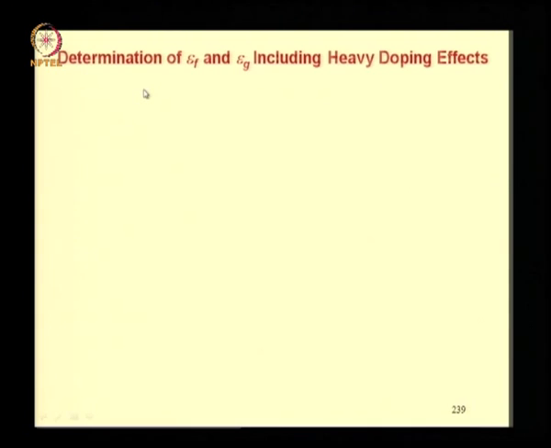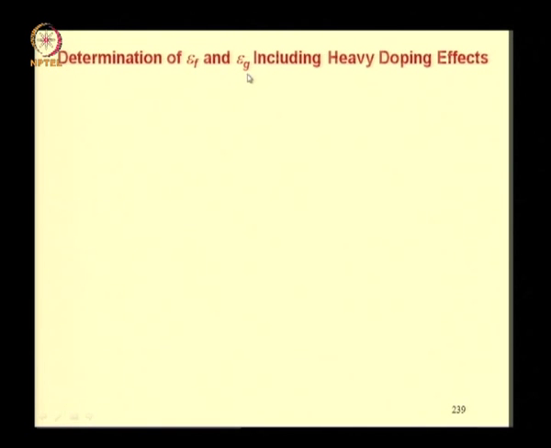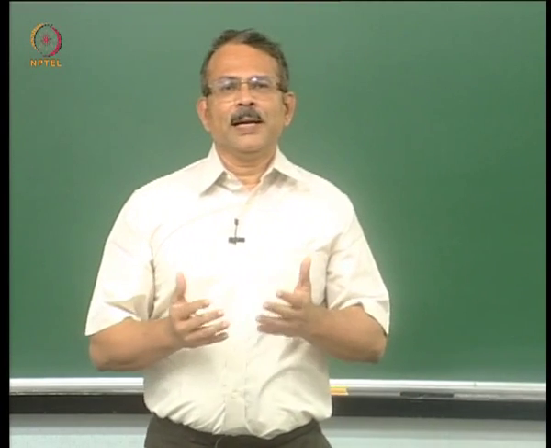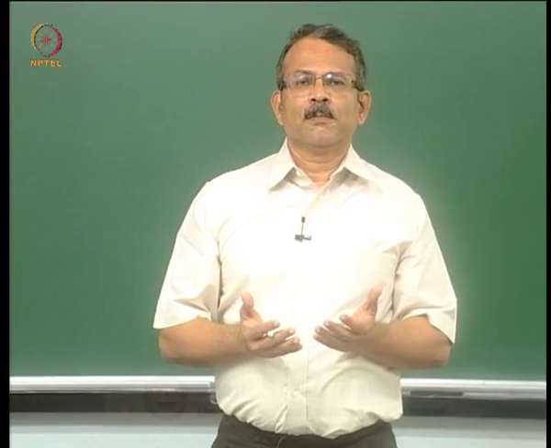Now let us discuss how you determine EF and EG in a uniform semiconductor under equilibrium, including heavy doping effects. In the first level course, you would have determined EF in a doped semiconductor.